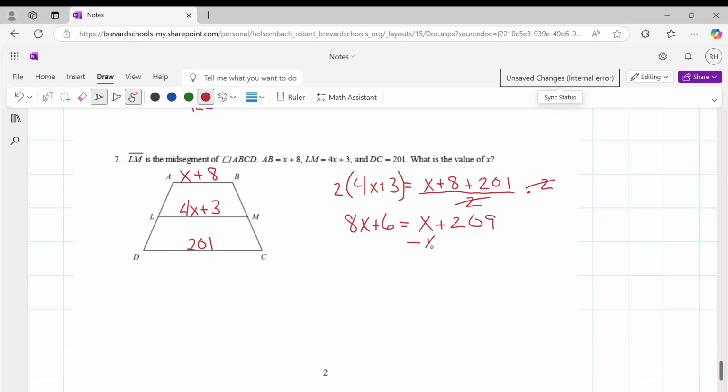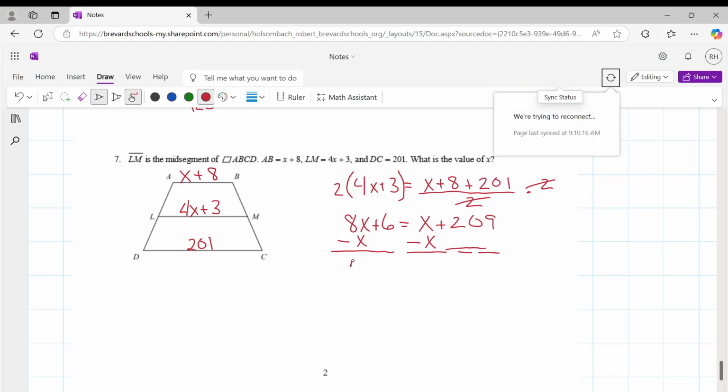Subtract the x from each side. 7x plus 6 equals 209. Subtract 6 from each side.